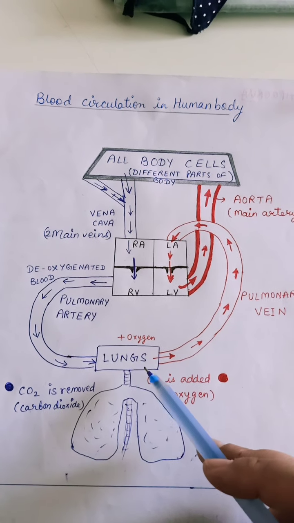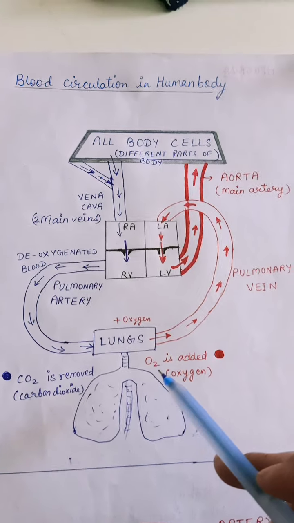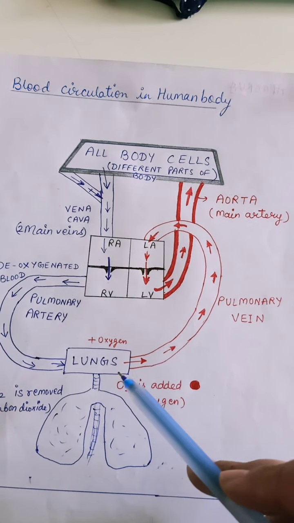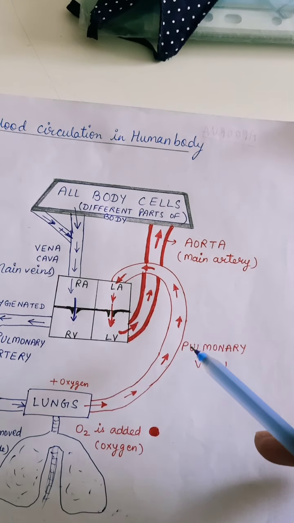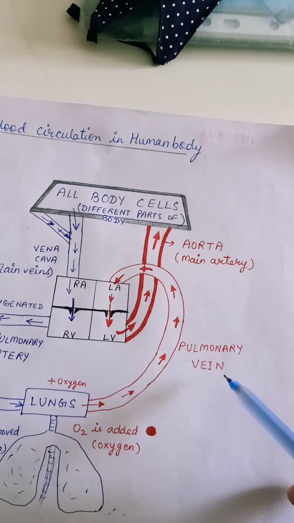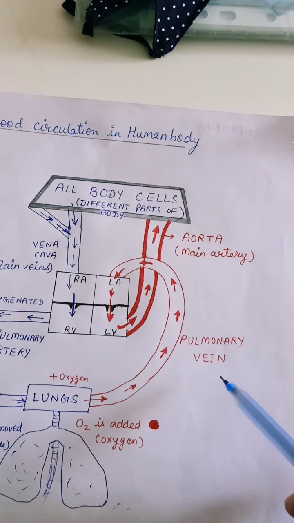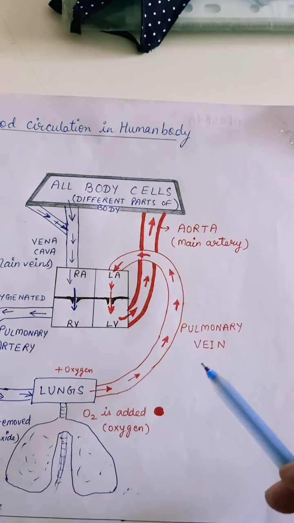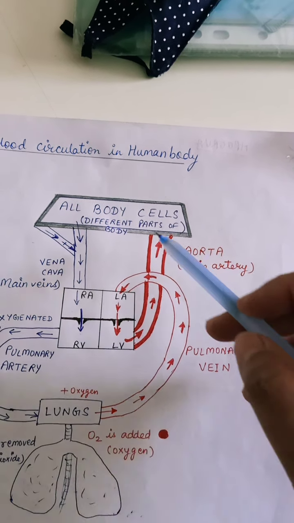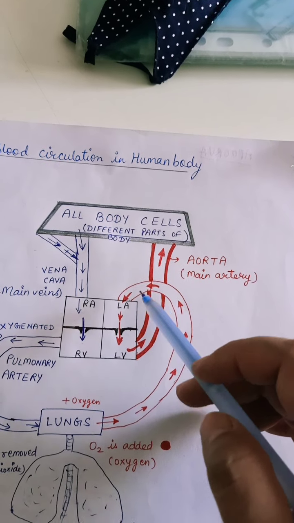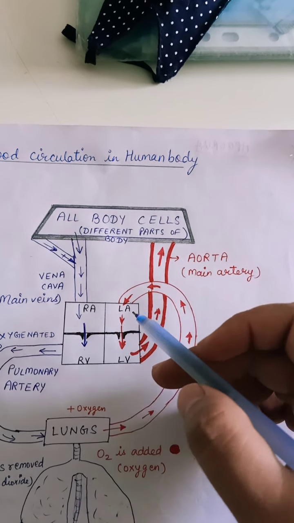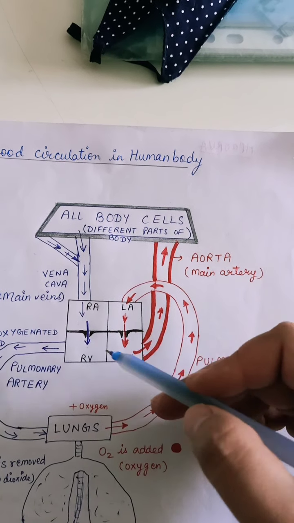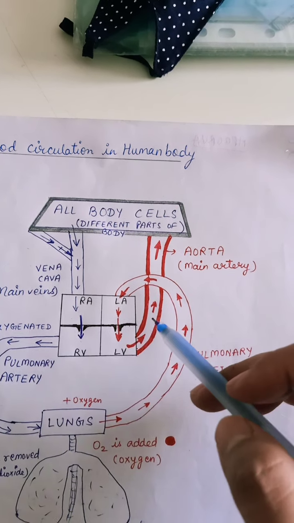Now the blood is purified, and this purified and oxygenated blood now has to transfer again to the heart. How? They will travel through the pulmonary vein. This pulmonary vein will now carry oxygenated blood from the lungs to the heart. Okay. Now the purpose of the heart is to transport this pure oxygenated blood to all the body parts.